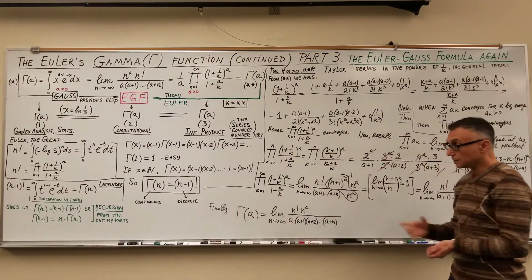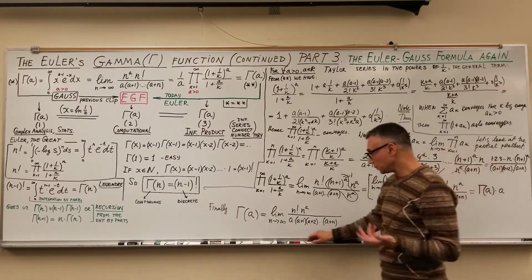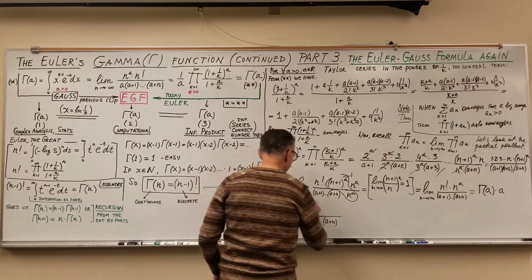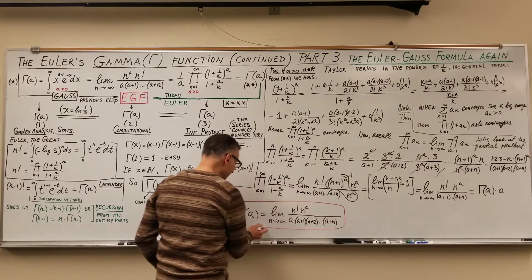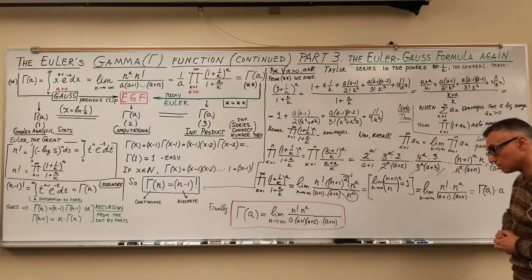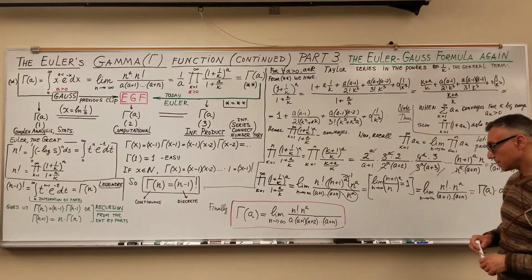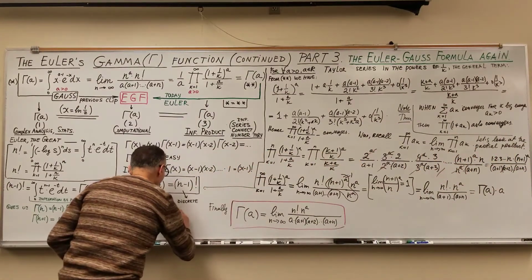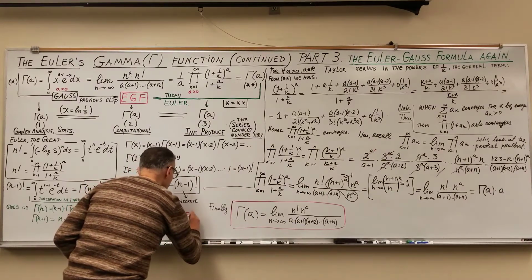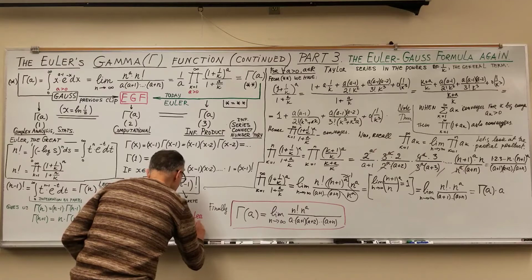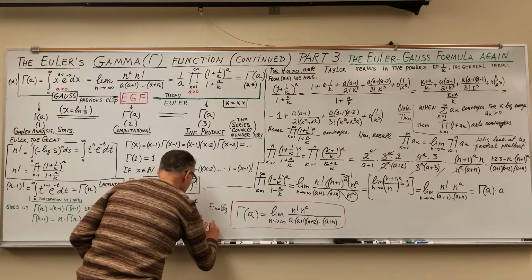We just arrived at this wonderful result. This is my gamma function evaluated in the computational form, gamma of a. And this is called the Euler-Gauss formula.